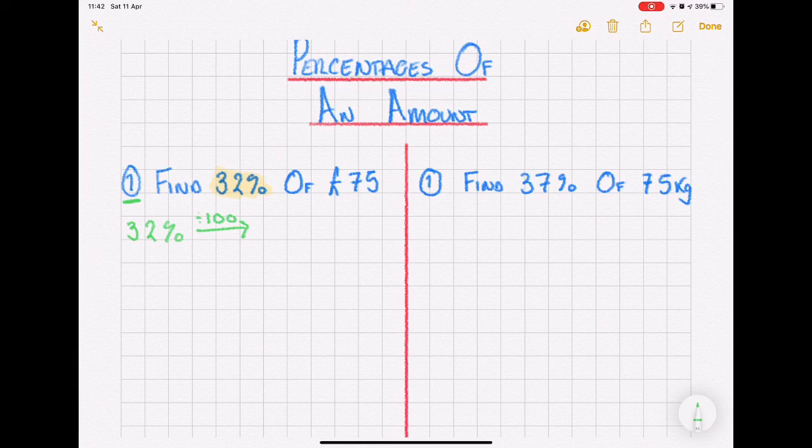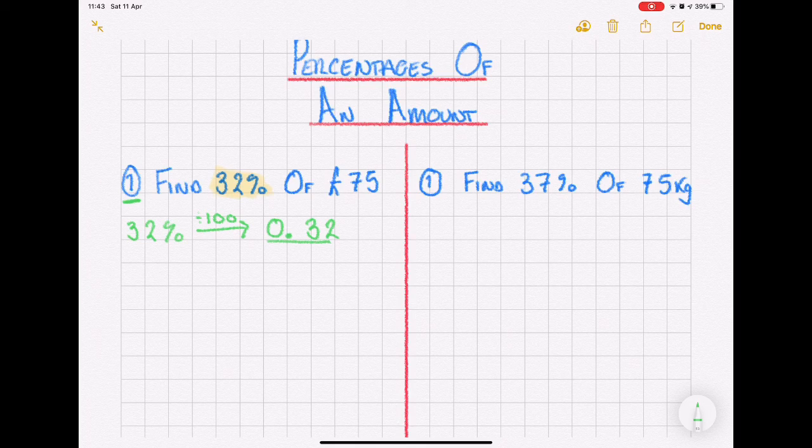So 32% divided by 100 is 0.32. Now this here is my multiplier. I can times my multiplier by any amount to find out what that percent of that amount is.